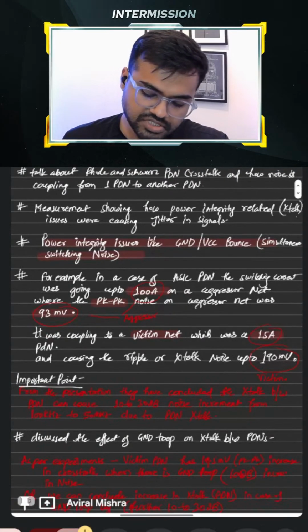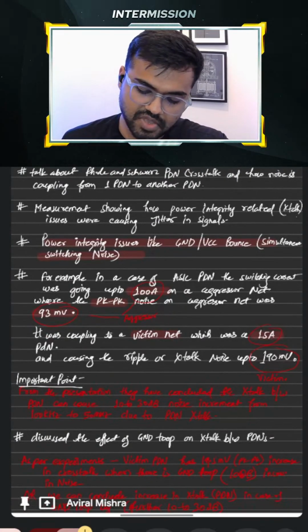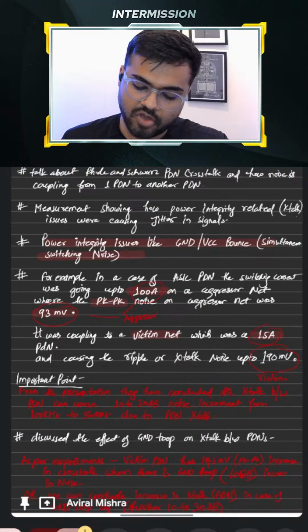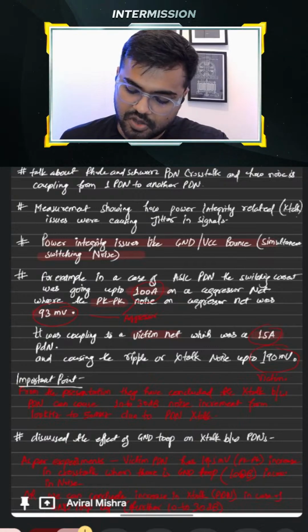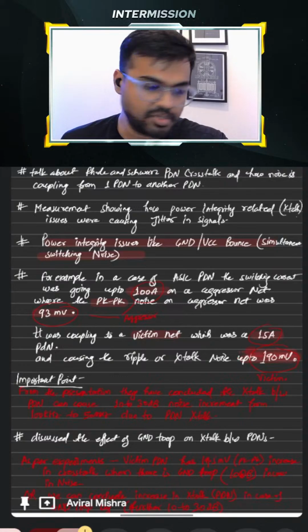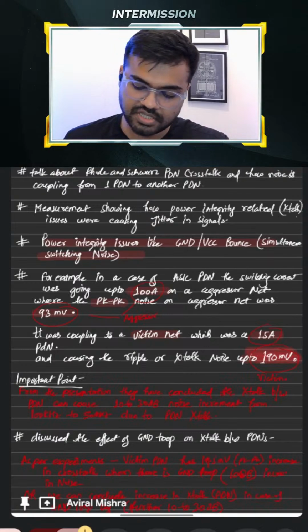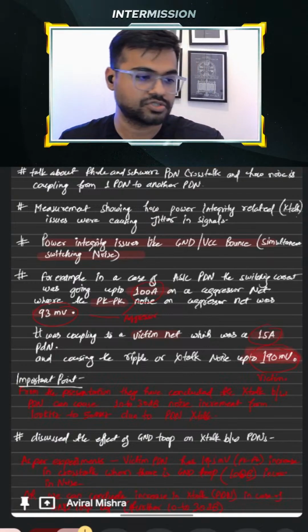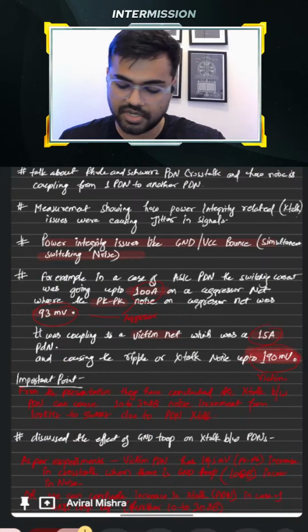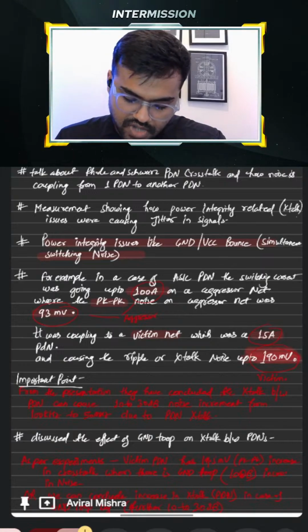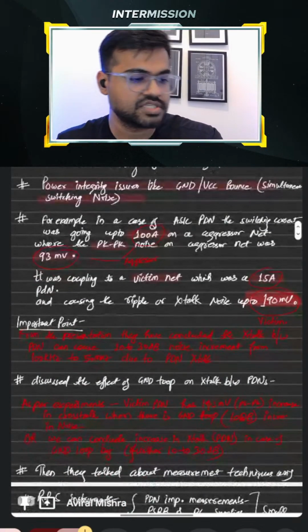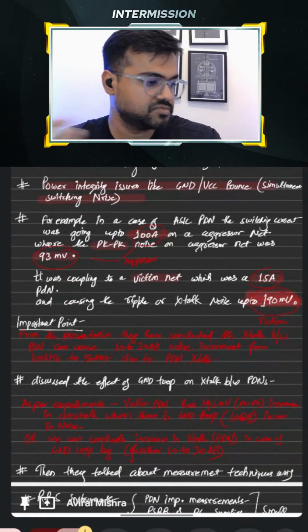Now, due to this crosstalk, as soon as we were increasing the current at the aggressor net, the ripple on the victim net was going up to 190 millivolt, right? So now you can see the effect of crosstalk between the aggressor and victim net. If this is happening in your design, it can also cause signal integrity issues.